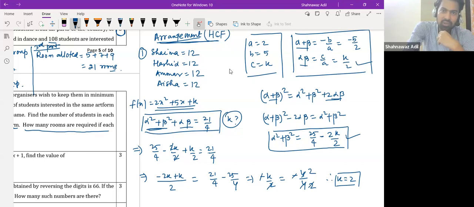And I also have Shaima's question paper, so I will find that and send it in the group. Should I send the examination paper and sample paper both? Yes, both, please send it to the group so that Harshit can practice those.